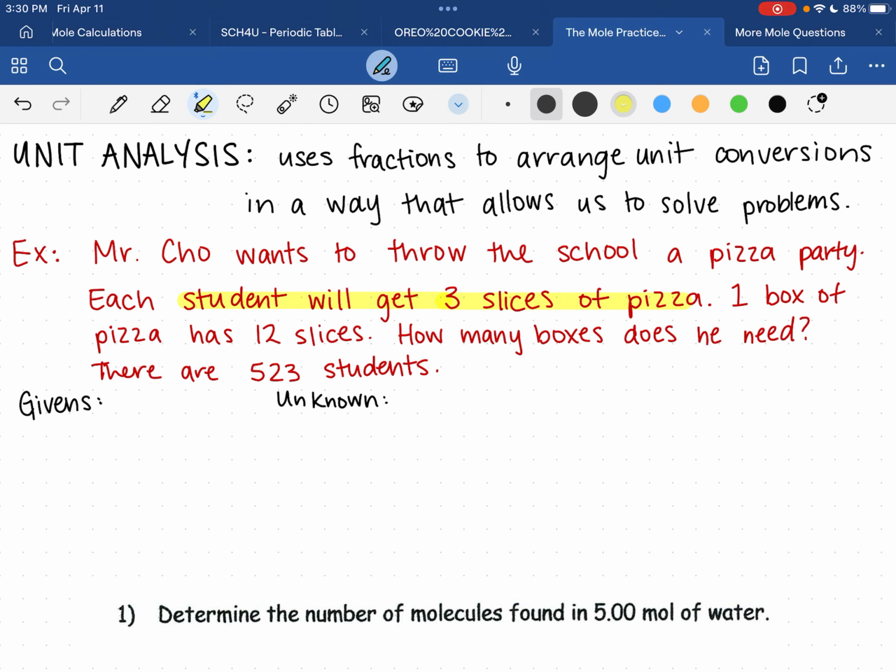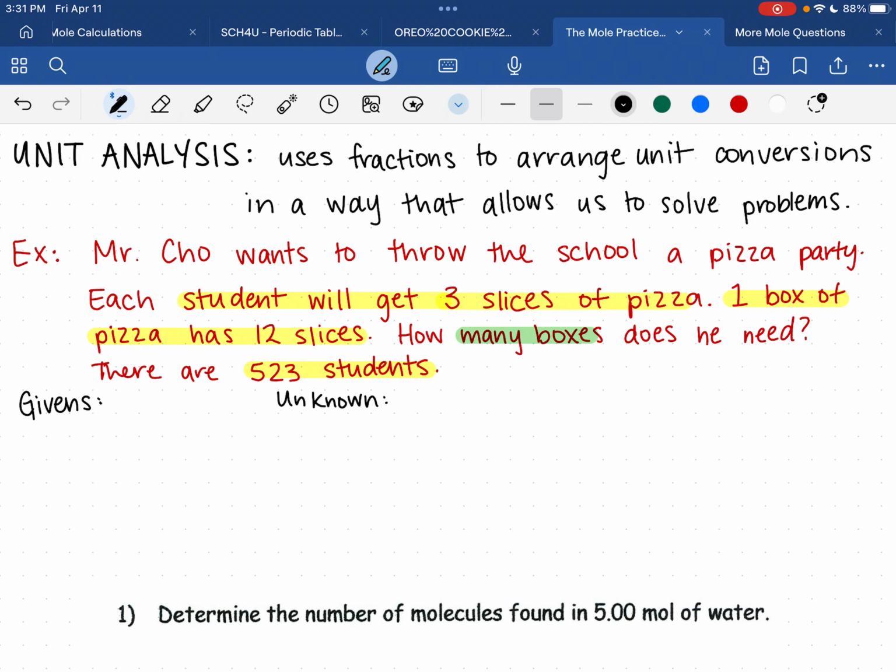Another piece of information is 1 box of pizza has 12 slices, and there's 523 students. What we are looking for here, the last numerical value that's not given to us, but we're looking for it, is the number of boxes.